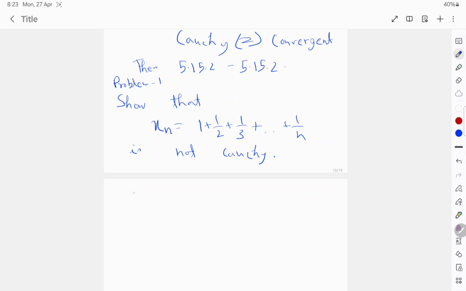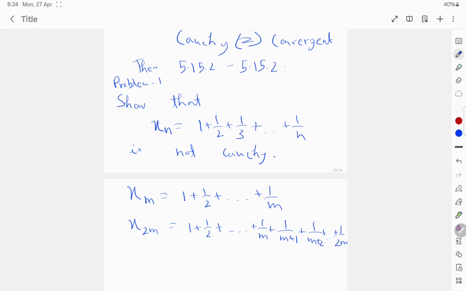Just think, if I try to find x_{2m}, so x_{2m} is 1 plus half plus dot dot dot 1 by m, then you have 1 by m plus 1, plus 1 by m plus 2, plus dot dot dot up to 1 by 2m.